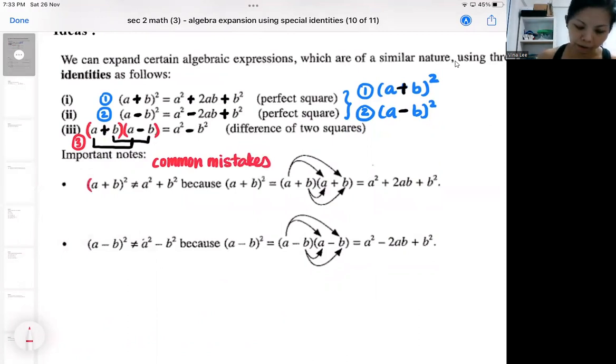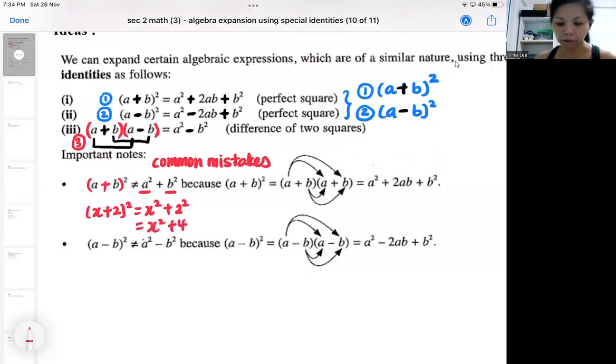When you're squaring something, they make it into a squared and b squared. So for example, something like x plus 2, a lot of people will just do this, and this is totally wrong.